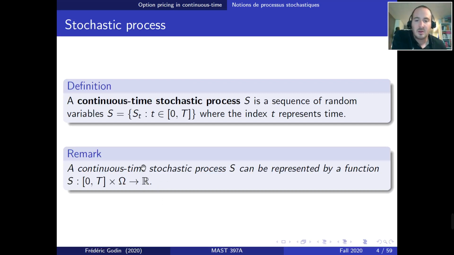Then this returns a real number, which would be the value of the stock at this point, given this random outcome had occurred. So a stochastic process can be seen as a function of this form. If you specify a time point for the process and a possible random outcome, then you would get the value of the associated random variable at that time point for this outcome.